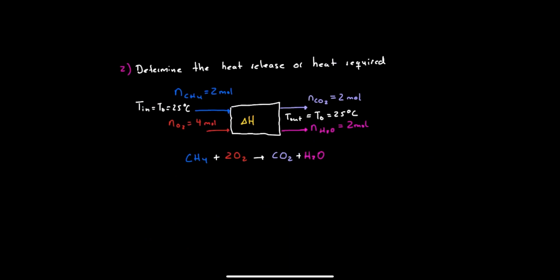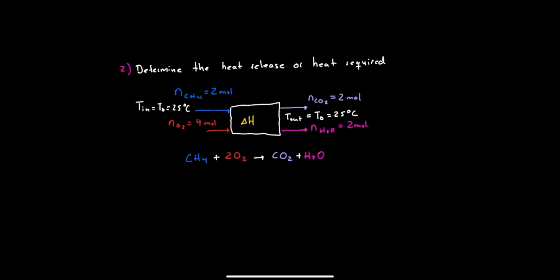In the following task, we are asked to determine the heat release or heat required for the following situation. We have 2 moles of methane and 4 moles of O2 entering at a temperature of 25 degrees Celsius, not specified here, but let's say at 1 bar.